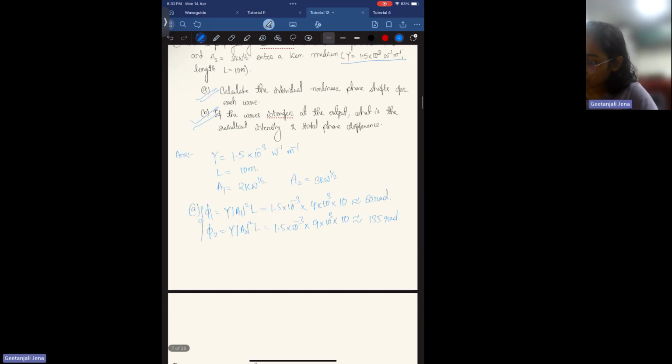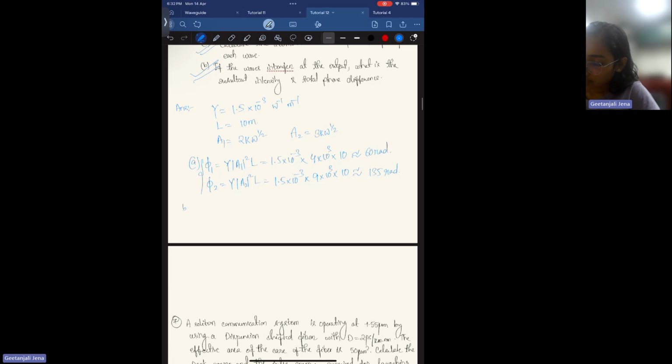Now next, we are interfering these two co-propagating modes, so that they will interfere and the intensity will be a vector sum of the individual fields.